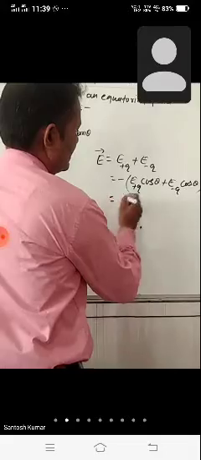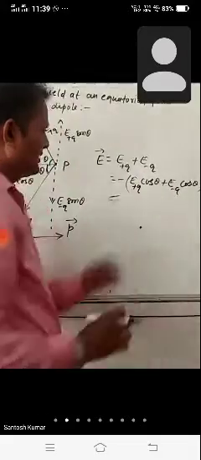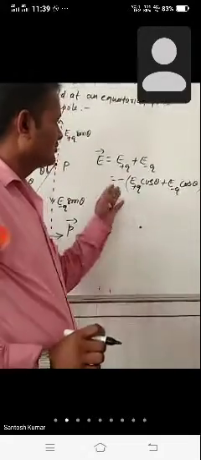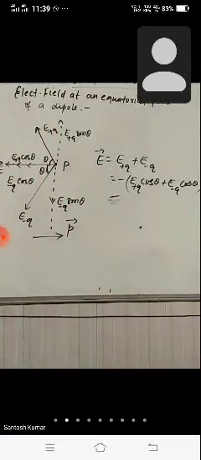So you can just simply write there. We will just substitute the value of these components, then we will find how we can calculate such type of the value.